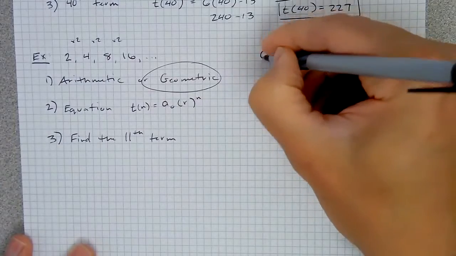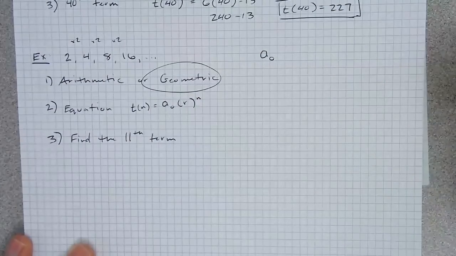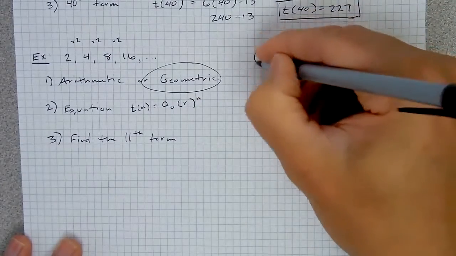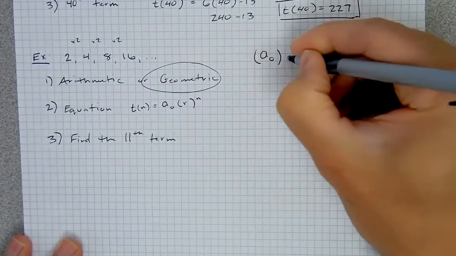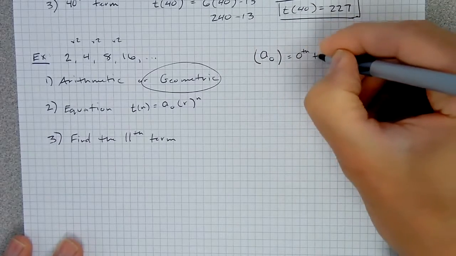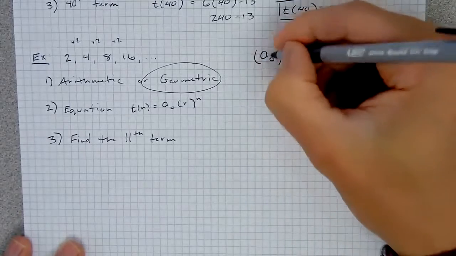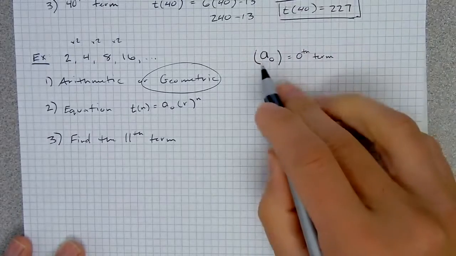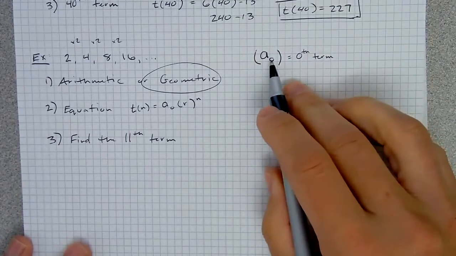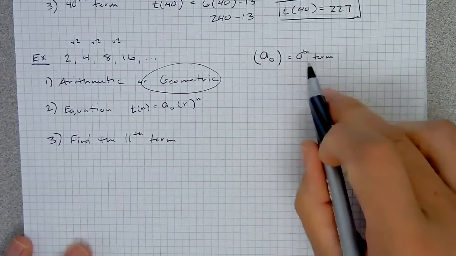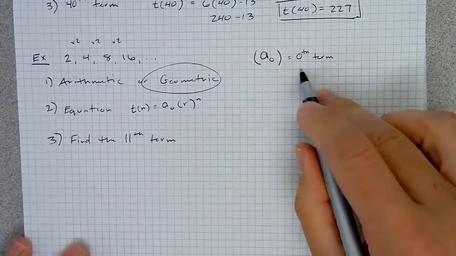That a sub 0 symbol just means the 0th term. It's a fancy way of saying what is your 0th term. So just identify it as the 0th term.